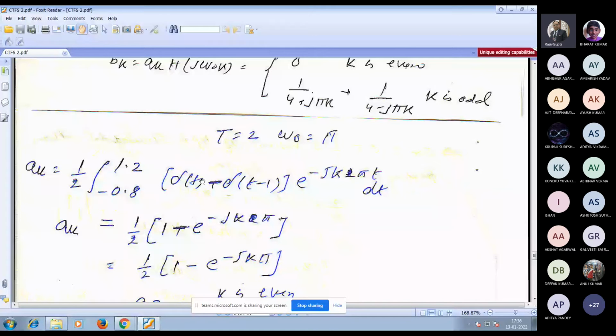One is delta t, another one is minus delta t minus 1. Is it okay? क्योंकि उसका मैग्नीट्यूड -1 है, ठीक है?